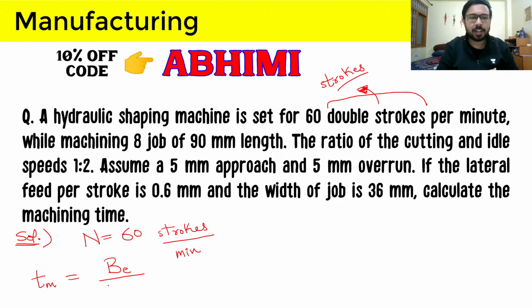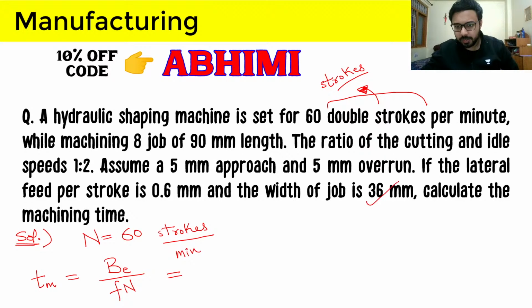The feed direction is along the width here, therefore we are taking width. But in turning and in milling, the feed direction is along the length, so there we take LE, effective length. But here effective width will be taken, and we will divide it by F into N, which is feed into number of strokes, to get our final answer.